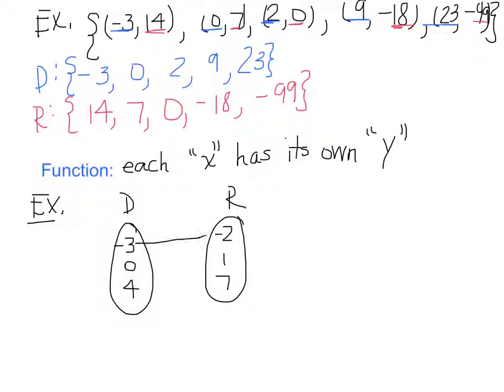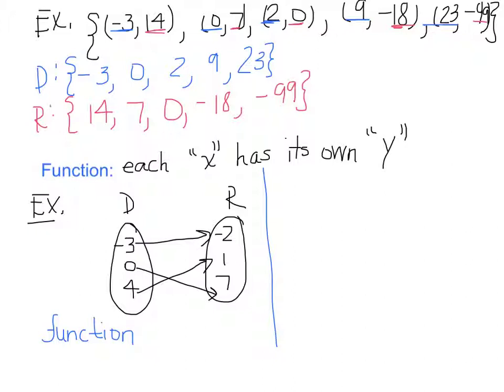So the -3 is with the -2, the 0 is with the 7, the 4 is with the 1. If you notice, each arrow going from the domain to range corresponds with exactly one y. So this would be a function. And if you're ever unsure, you can always write them out as ordered pairs so you can check.